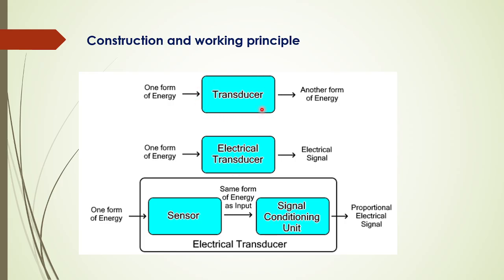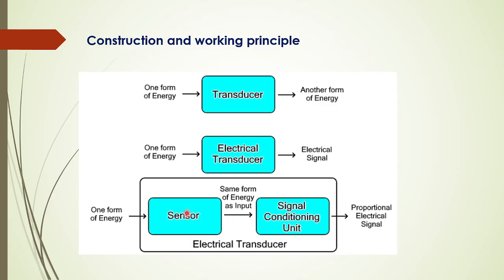A simple transducer converts energy from one form to another form. An electrical transducer converts any form of energy into an electrical signal. Inside that transducer there is a sensor and a signal conditioning unit.